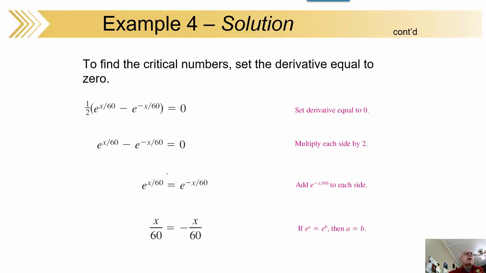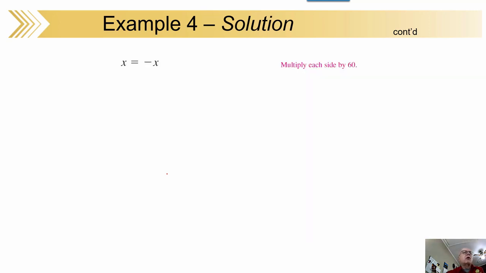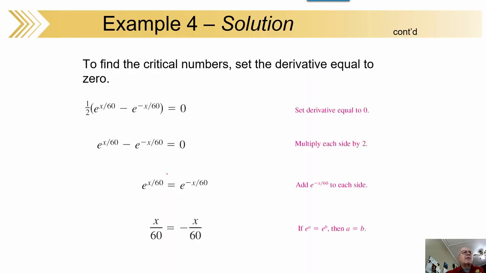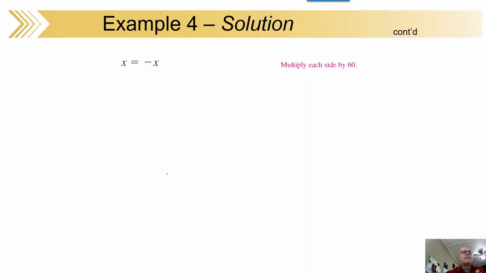So x over 60 equals minus x over 60. Next, multiply each side by 60. Remember, very simple. Add x to each side, and we know what the answer is. Here's our critical number.